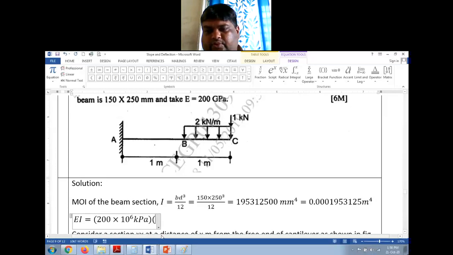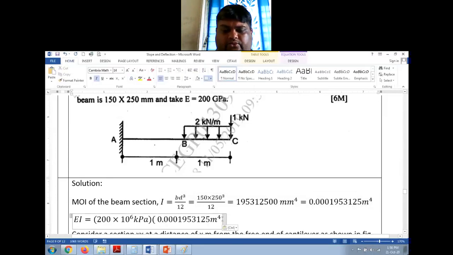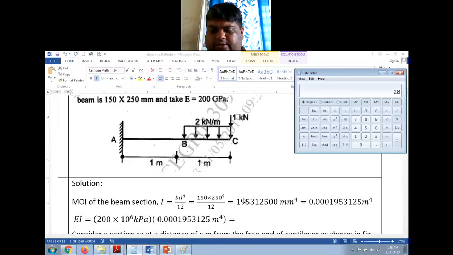Just put it in bracket so that we don't get confused, into this in meter raised to 4. So this is equal to, just copy this value. Now 200 into 10 raised to 6 into this.